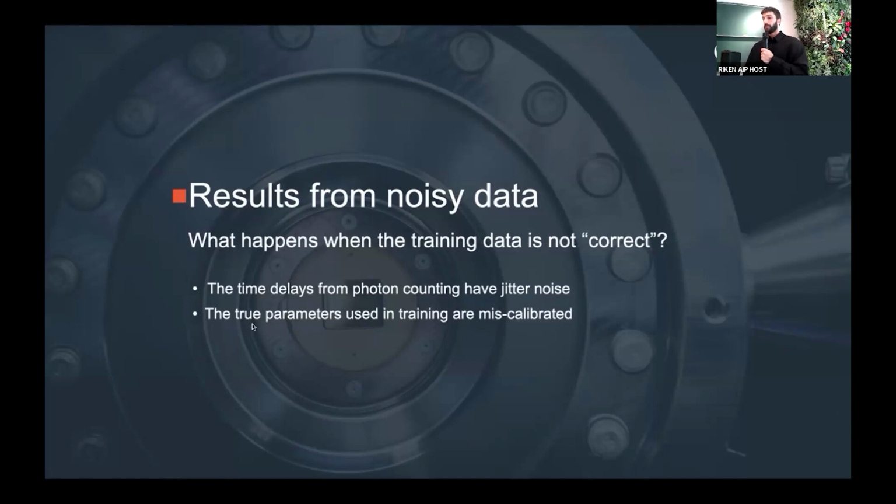So we ask ourselves, what if the parameters that we think are the true parameters are actually not the true parameters, and they have been miscalibrated, or they have a certain error that we don't know about. So this is a more realistic case where your training data comes from the device, you're not simulating it yourself, and when it comes from the device, you think you more or less know what's going on, but there might be something systematic that you don't understand.